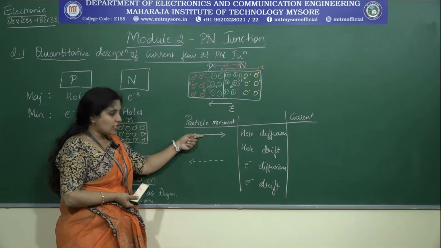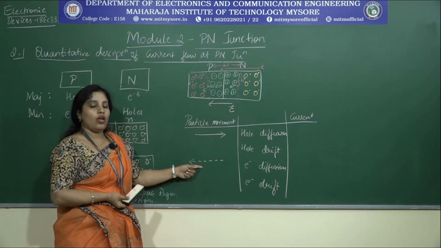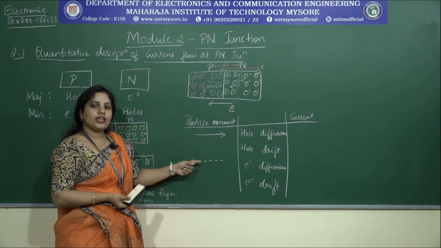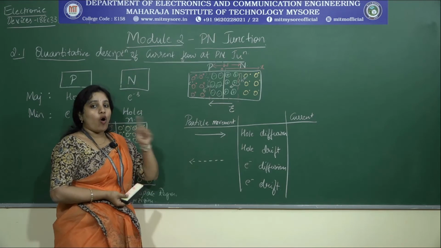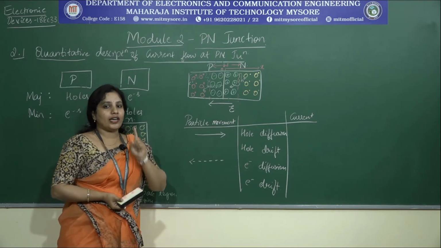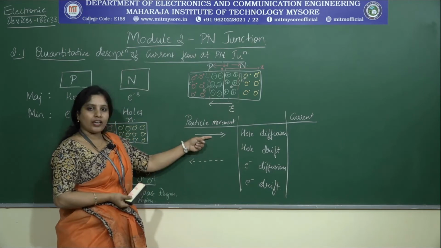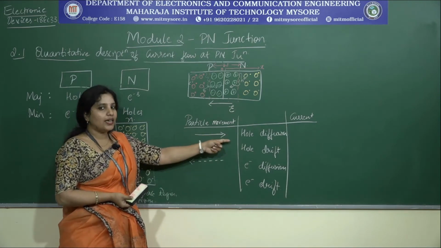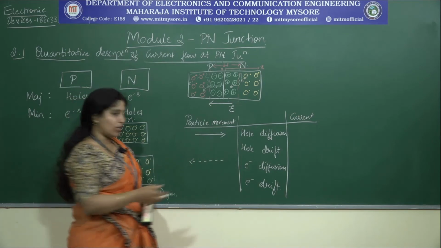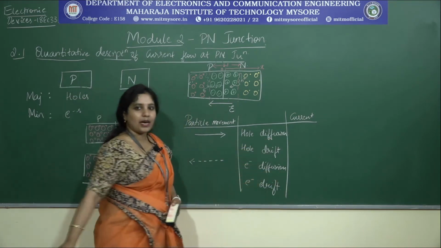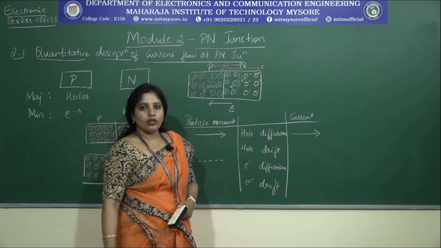Now, because of this diffusion of the hole and the electron, there exists a current, and what do we refer to that current as? It is referred to as diffusion current. And we know the conventional current direction is the same as the hole direction. The hole direction is towards the right hand side of me, therefore because of the diffusion the current direction has to be towards the right side.